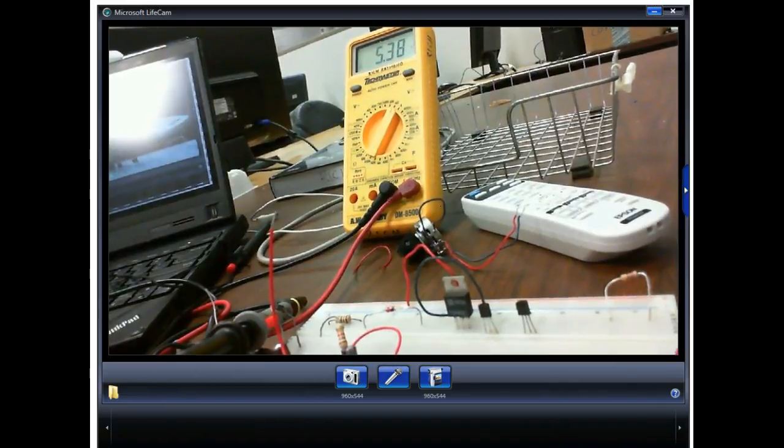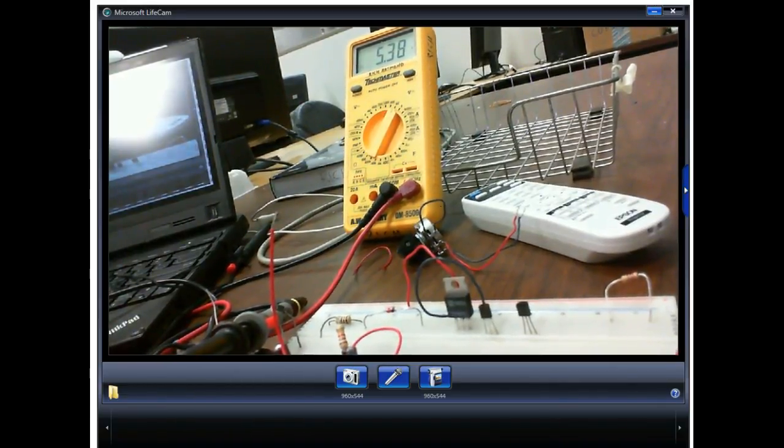It's 5.4 volts. Now, if we measure this on the base, what should we expect on the emitter? 0.4, we should expect 4.7, right? So this is a problem right here.